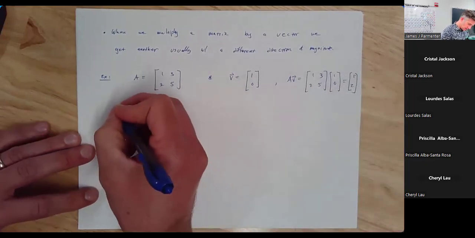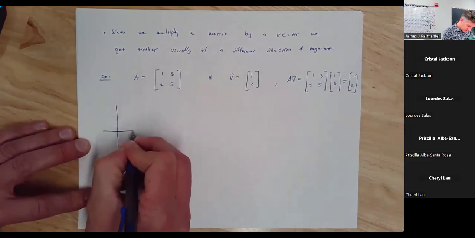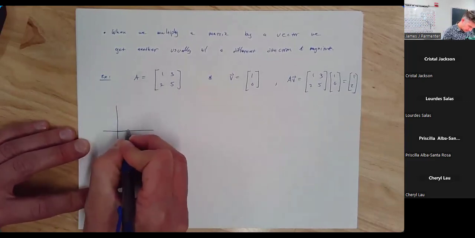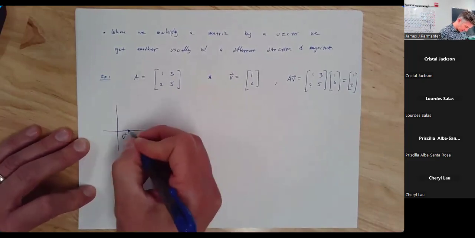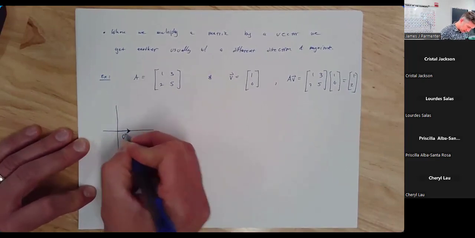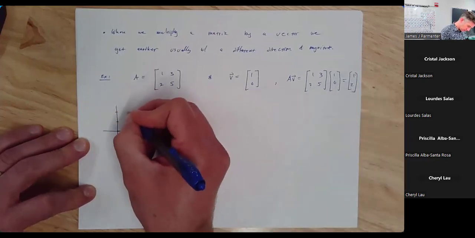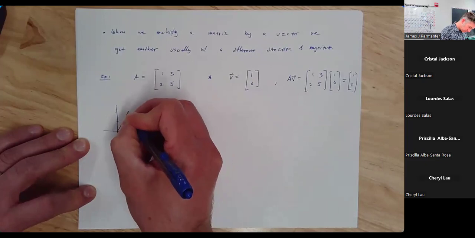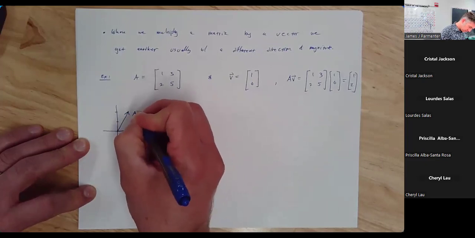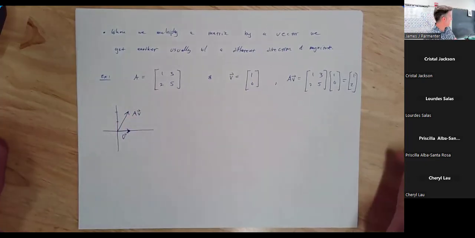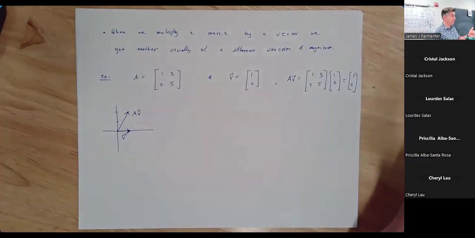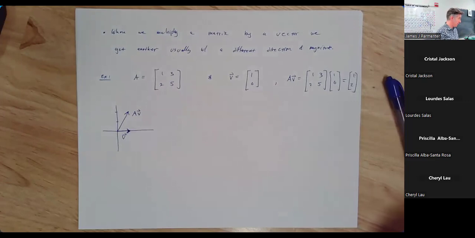So what we're doing here is we're taking our initial vector, that's 1, 0, and I know it's kind of hard to see exactly that, but let me draw it again. And we're ending up with a vector that's 1, 2. So the matrix A has changed both the direction and the magnitude of the vector it multiplied by.